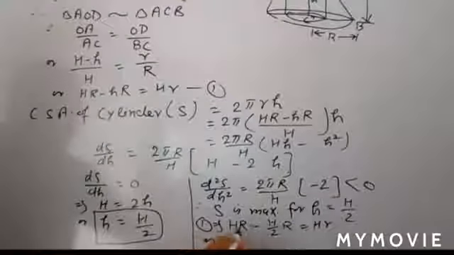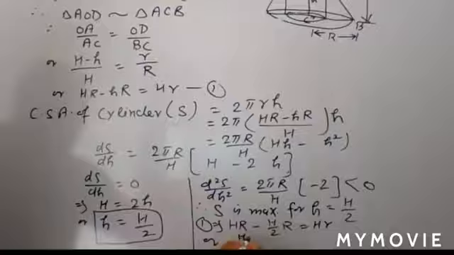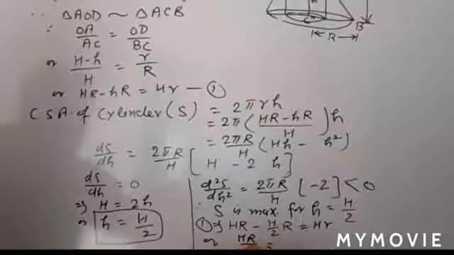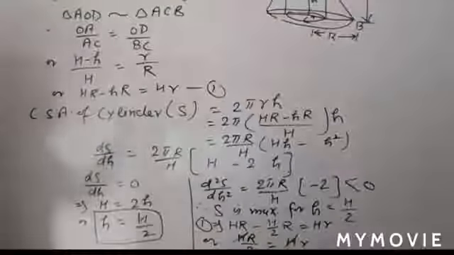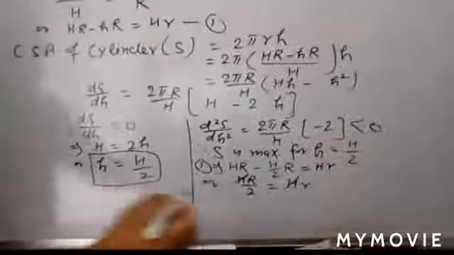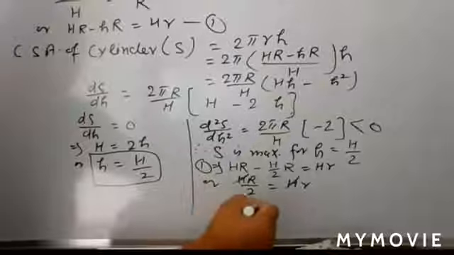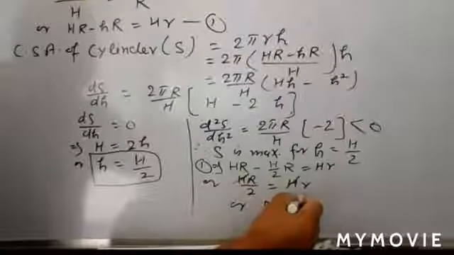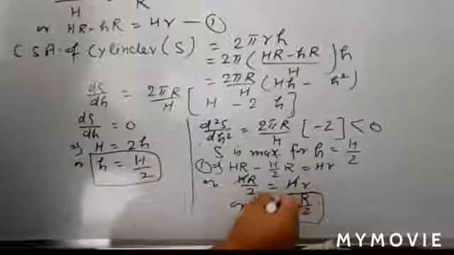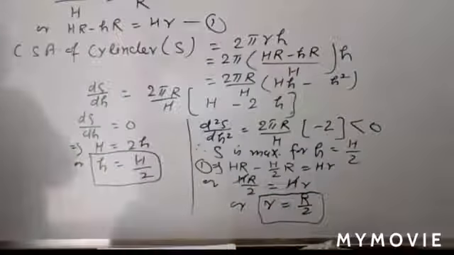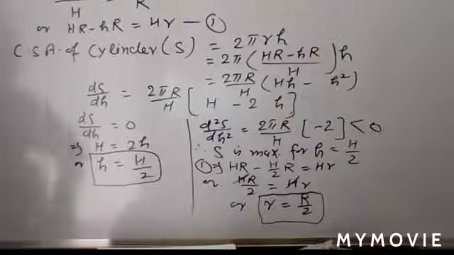So HR minus HR by 2 is equal to HR by 2 is equal to capital H into r. Capital H and capital H cancel out from both sides. And here you have your result: r is equal to capital R by 2. This proves your result, meaning the radius of the cylinder is equal to half the radius of the cone when its curved surface area is maximum.